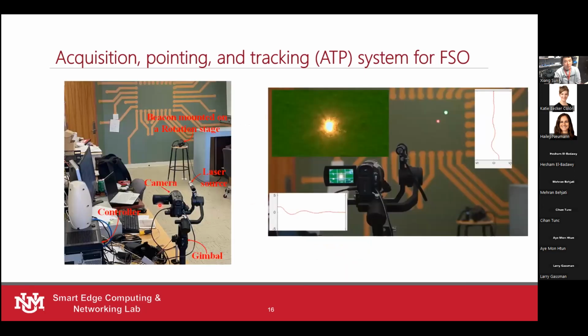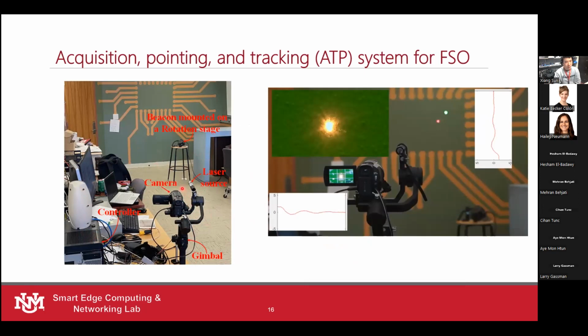All right, so we have conducted some experiments to evaluate the pointing loss, and here are the settings. This portion is the base station side. We have the camera, the transmitter, and the gimbal, and the corresponding controller here.